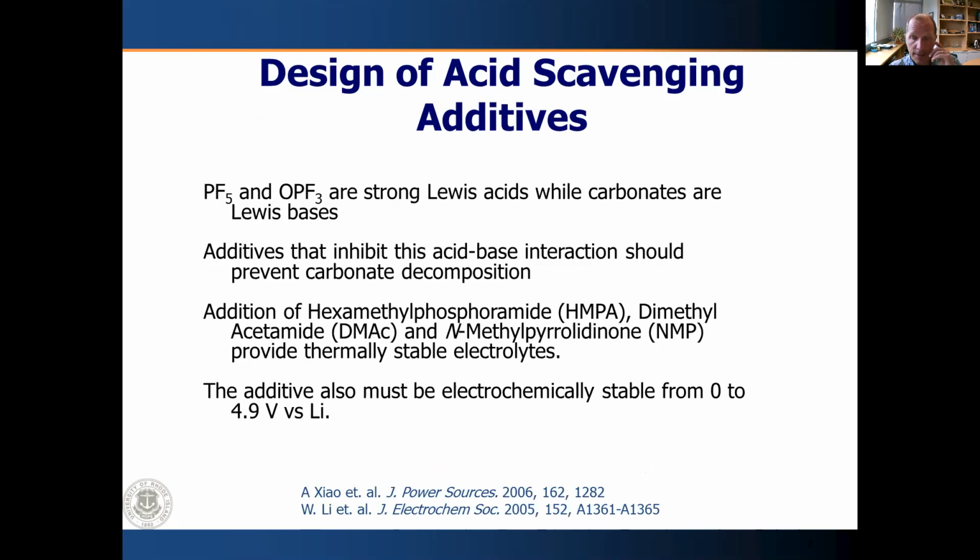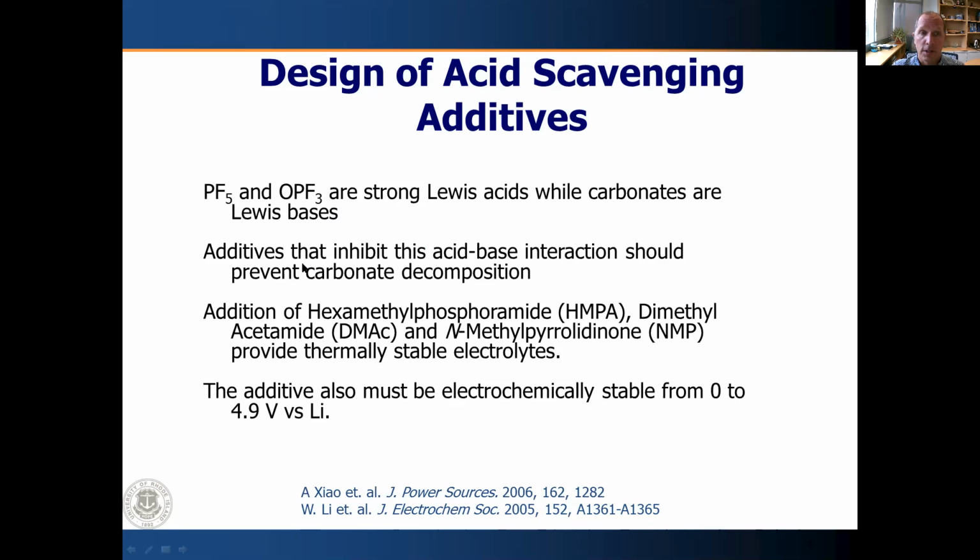So at the time, one of our thoughts in order to improve the performance of the cathode materials was that we could develop a series of Lewis basic additives. Since we know that phosphorus oxyfluoride and PF5 are both very strong Lewis acids, and that carbonate solvents are Lewis bases, this acid-base reaction leads to the decomposition of the carbonate solvents by an autocatalytic decomposition mechanism.